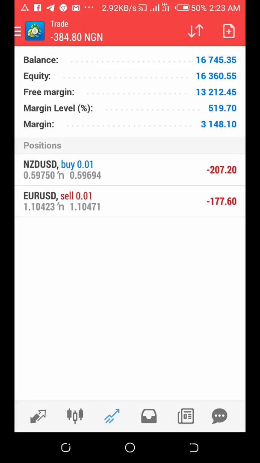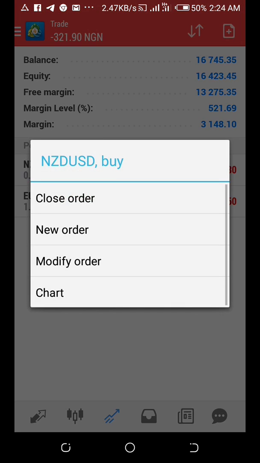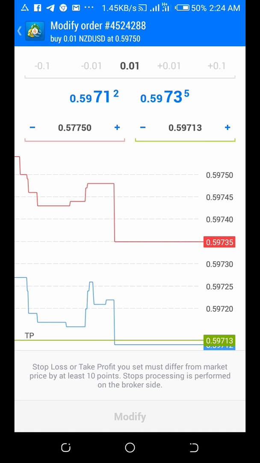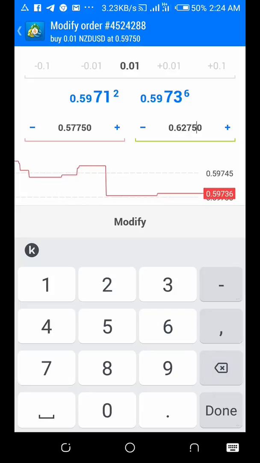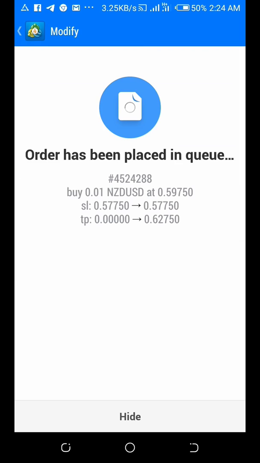So 5975 plus, okay, let me make my take profit 300 pips. Plus 300 is going to give me 6275. Click on the order, click on modify order. When you click on modify order, you have 0.62750.